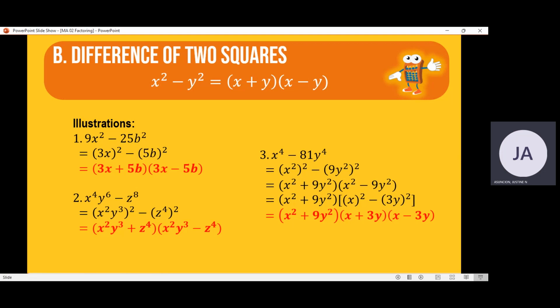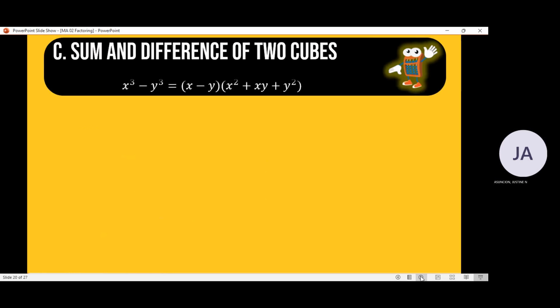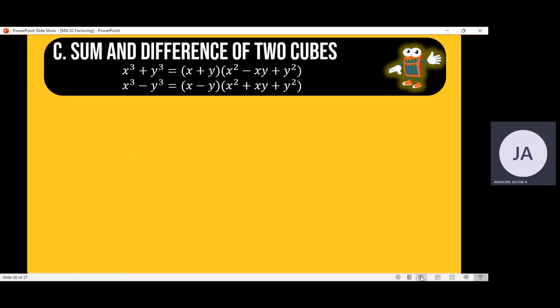Aside from the difference of two squares, we have the sum and difference of two cubes. As you notice, if we identify its reverse, the special product, we have the product of a binomial and a trinomial.